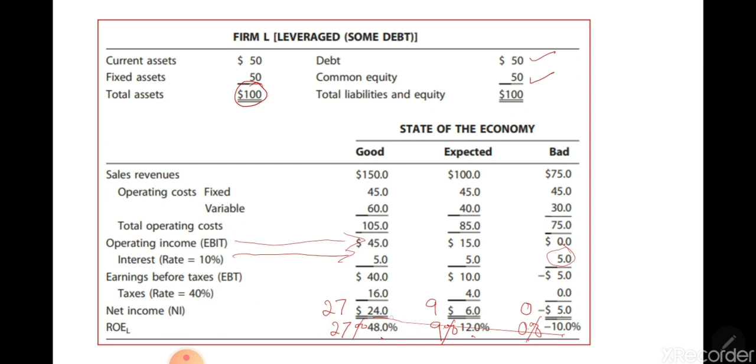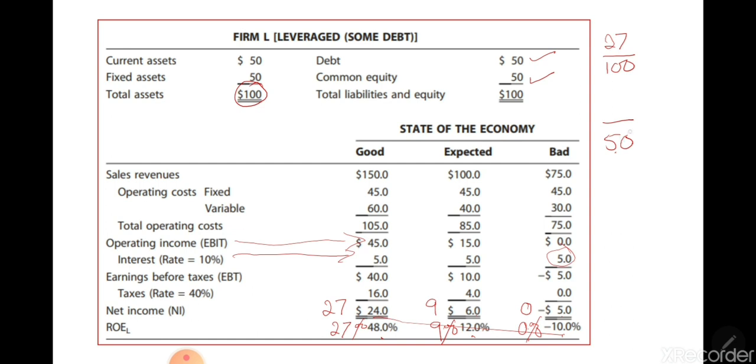Basically, this magnification is happening because now you're doing something different. First, the owners were investing 100 rupees of their own money and they were getting a return of 27 on this. Now they're just investing 50 rupees and they are taking 50 rupees on loan.